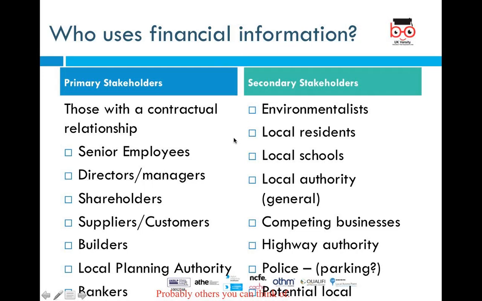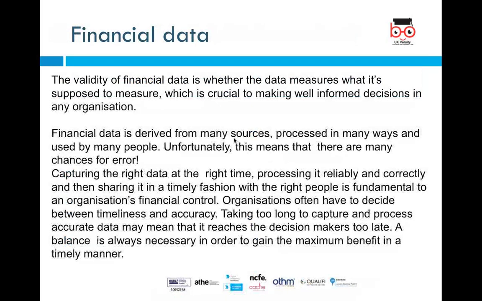So they need the financial information. So in the business, we do have internal information, and then we need to publish some accounts in public. That's external information. So there are some stakeholders, primary and secondary, and they all need that financial information for different purposes.